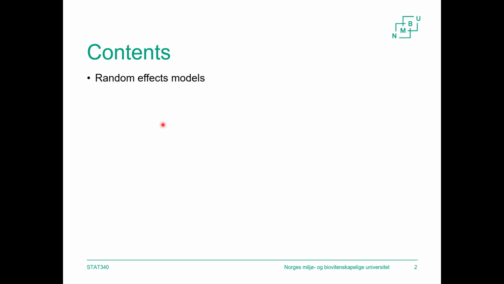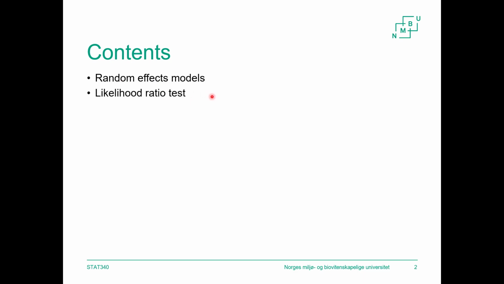This week we will focus more on ANOVA models, analysis of variance. But the concept of mixed models is exactly the same. Let's have a look at these random effects models a little bit, because this is a phrase that you will come across.